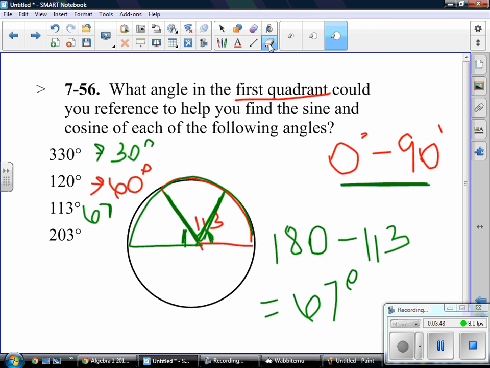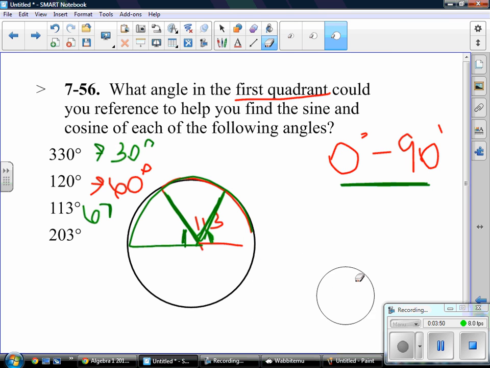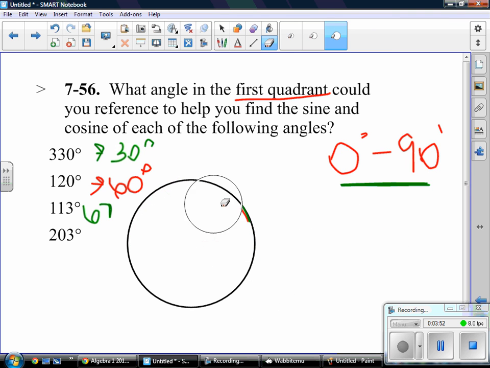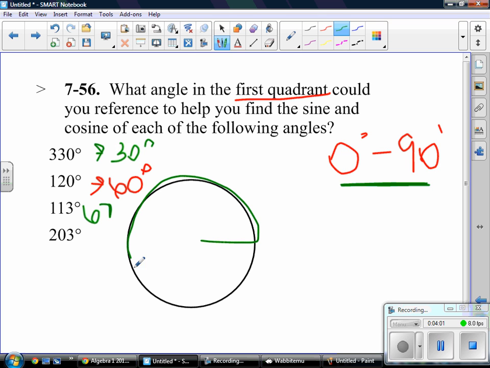Okay. So the last one here is 203 degrees. So this is originally going to be in the third quadrant. This is first, past 90, I'm past 180, a little bit past 180. Okay, so this is 203 degrees right here. So to figure this one out, instead of taking 180 minus my number, I'm going to take my number minus 180 because I went past 180.